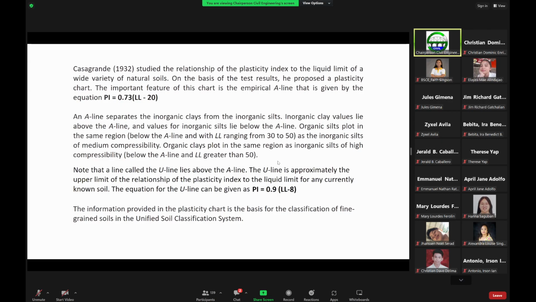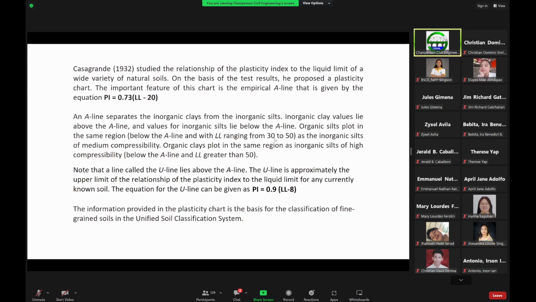wherein the A line separates the inorganic clays from the inorganic silts. So the inorganic clay values lie above the A line, and values for the inorganic silts lie below the A line.